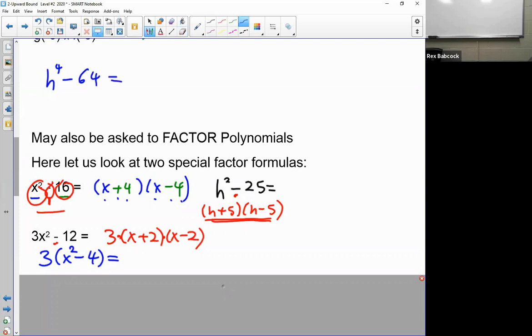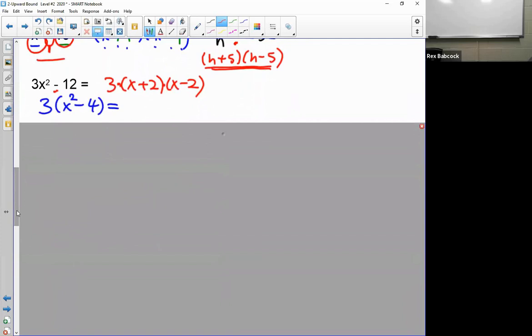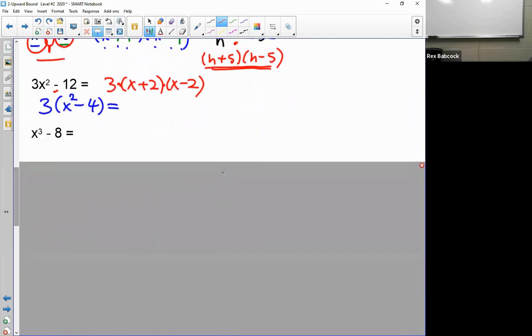Well, those are a difference of perfect squares, and that would be h squared plus 8 and h squared minus 8. In other words, the perfect square here is h squared squared. That's h to the 4th. So sometimes you've got to think a little differently to get perfect squares, but it's used quite a bit. And we'll work some more problems with it on the classwork here in a second. So that's one special formula, difference of perfect squares.